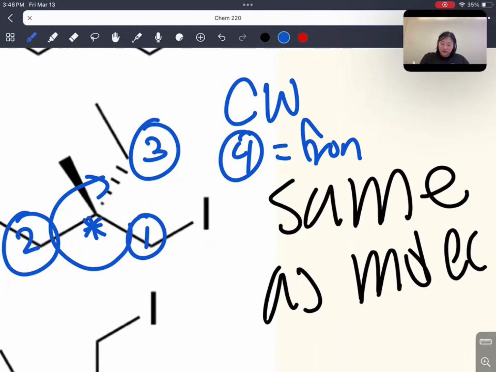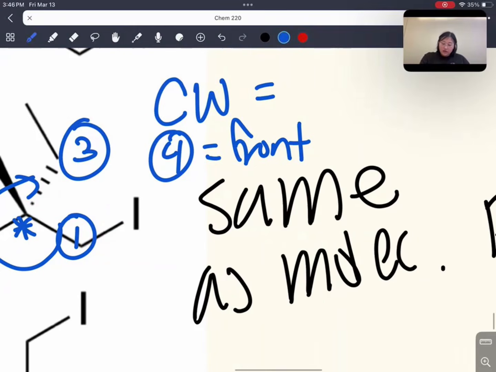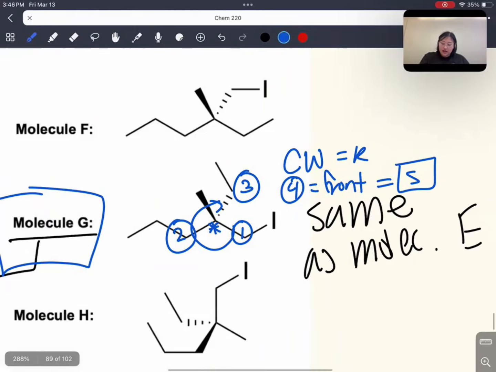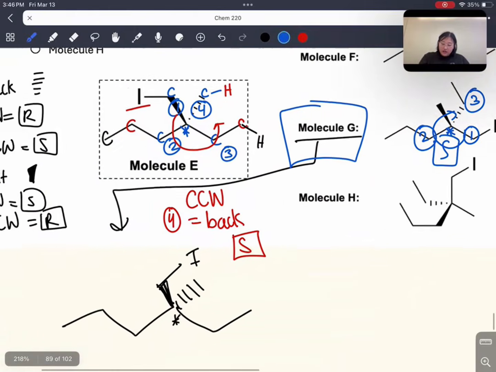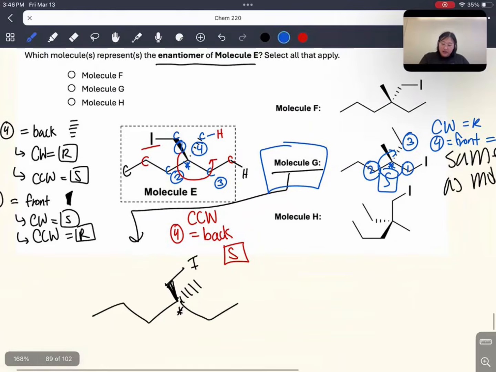Normally clockwise would be R, but since my lowest substituent is in the front, it's actually S. So this chiral center is S. Since E is S and G is S, the chiral centers have the same chirality, which means it's the same molecule.